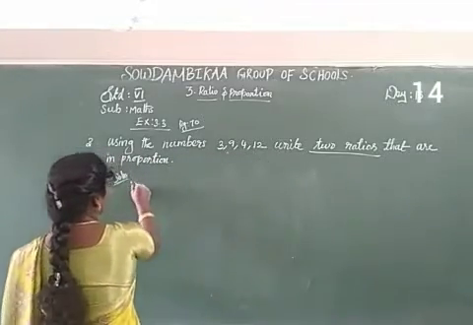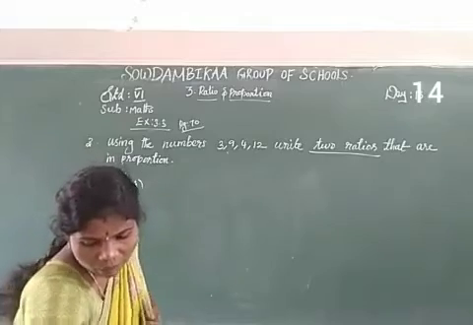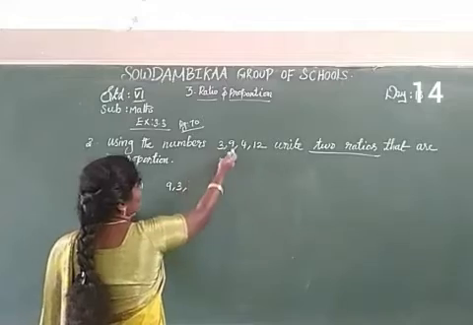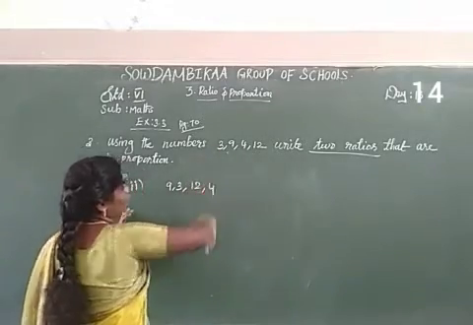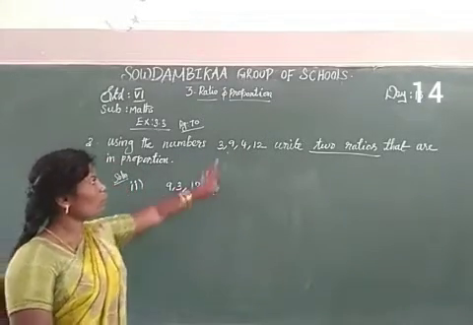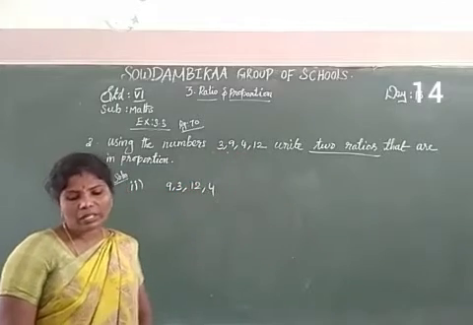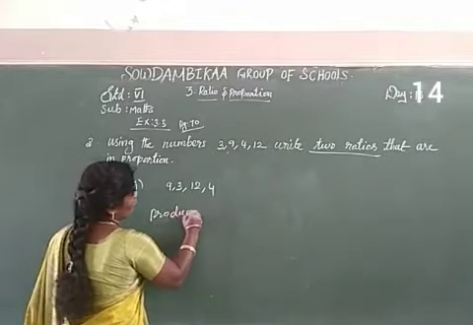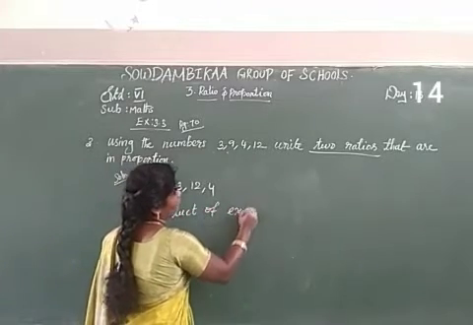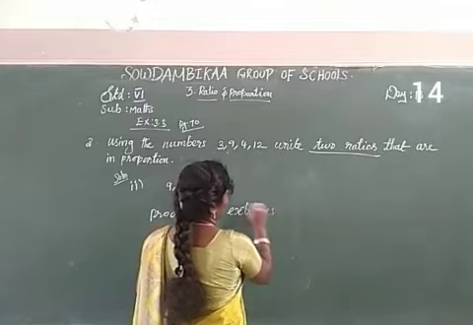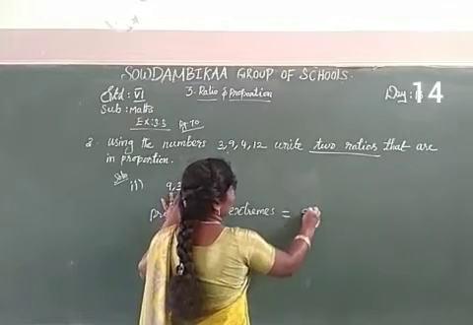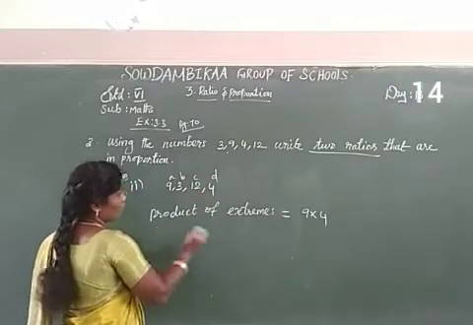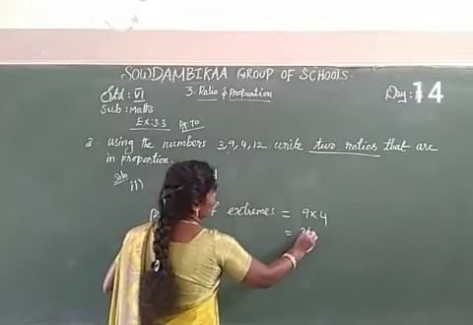For the second ratio, change the numbers: interchange them as 9, 3, 12, 4. Just interchanging the places only. Product of extremes: 9 into 4, 9 4s are 36.